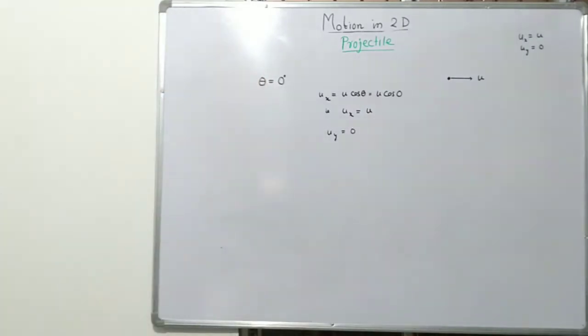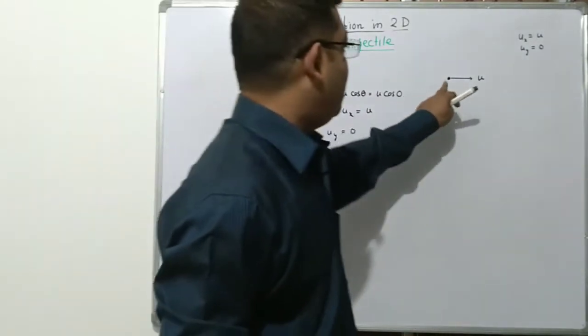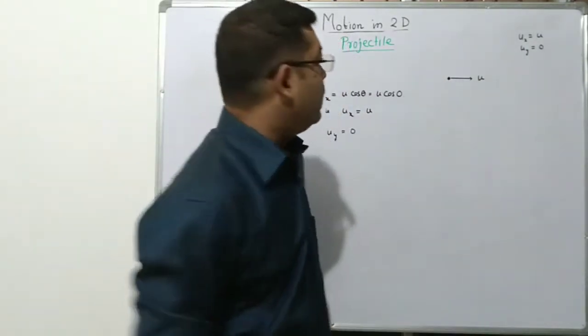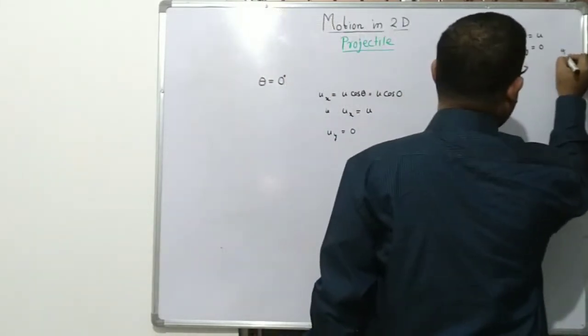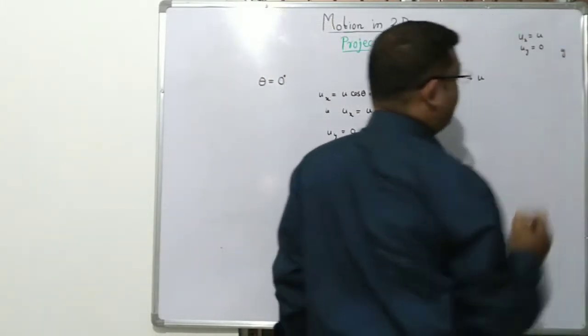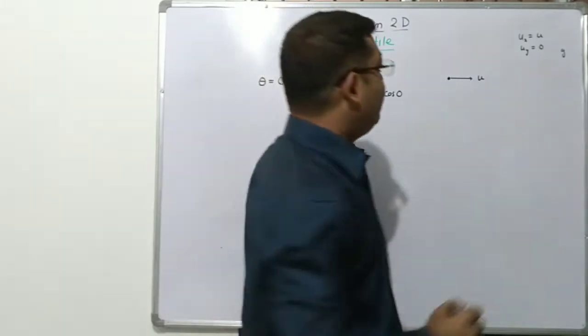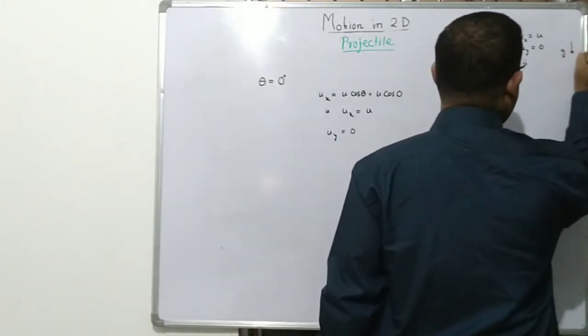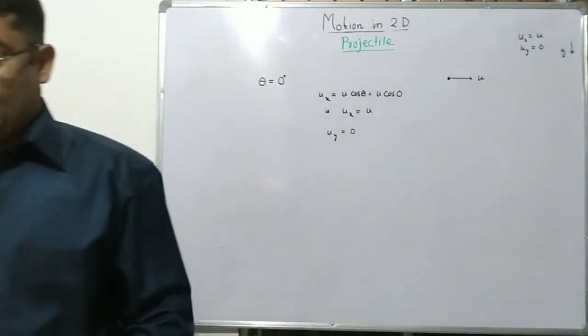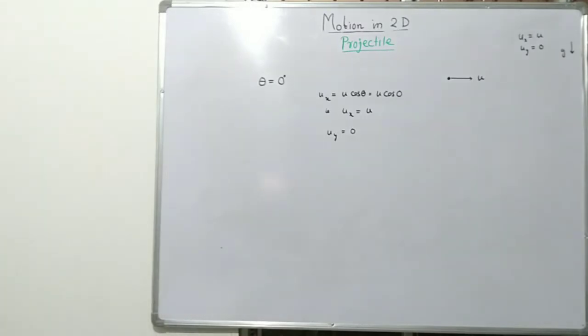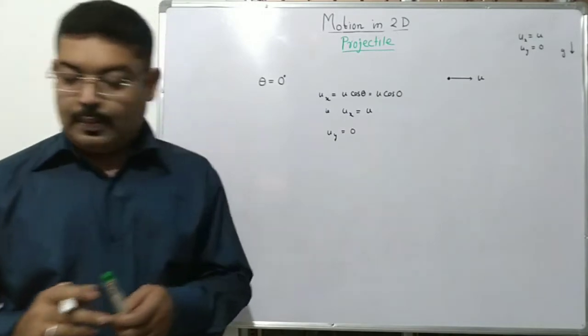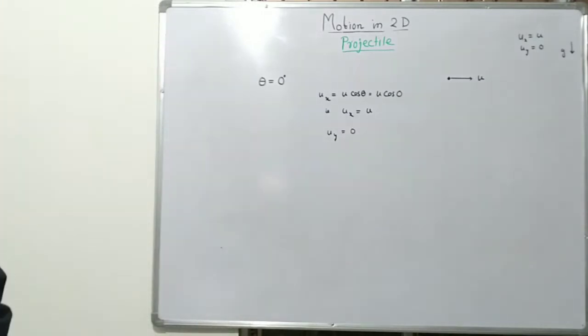At the same time, what we also need to know is that once the object is projected, it will move under the influence of gravity and it will have an acceleration equal to the acceleration due to gravity, always acting vertically downwards. Okay, so what is going to be the trajectory of this particular projectile?